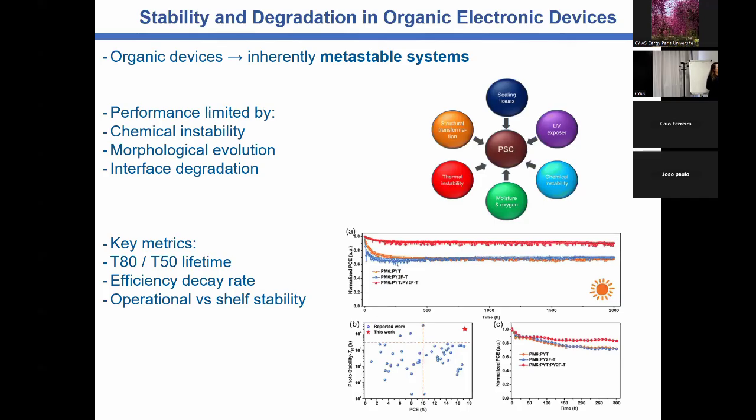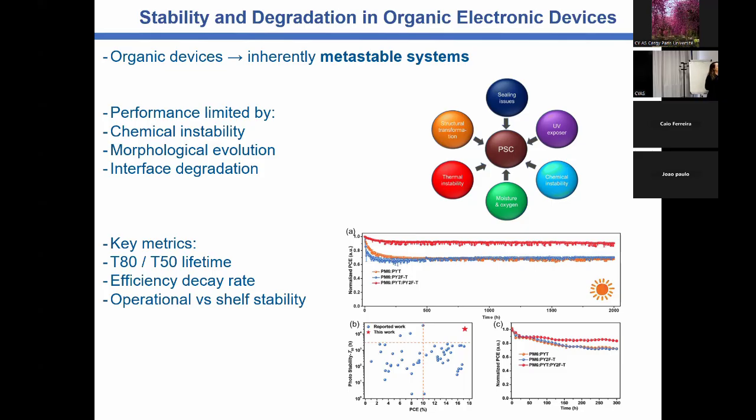So to the second talk, this class today, I will divide in 3 parts. The second part of this class will be more in terms of stability.